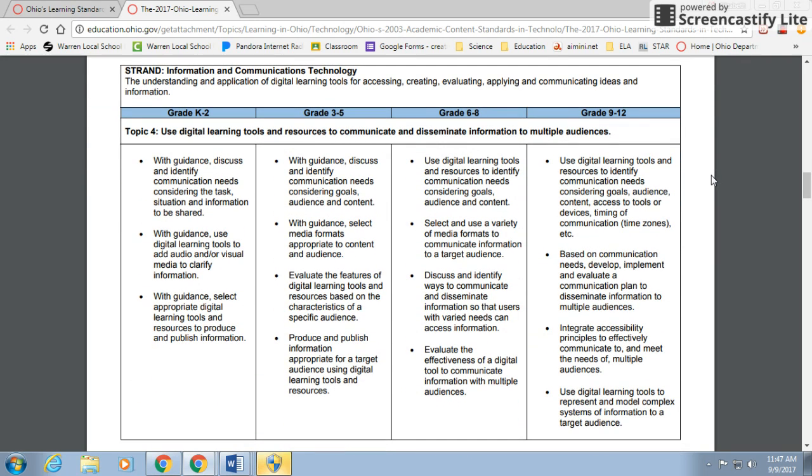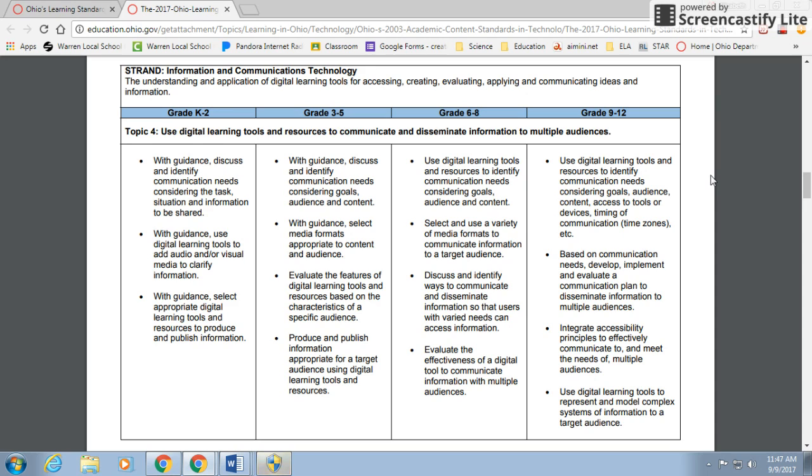Topic 4 is using digital learning tools and resources to communicate and distribute information to multiple audiences. Many teachers design or have the students complete a project and they present it to their class, but we need to have a better way of distributing it out to a larger audience, whether you're going into a different classroom or posting it on several different online free course websites for more audiences to look at.